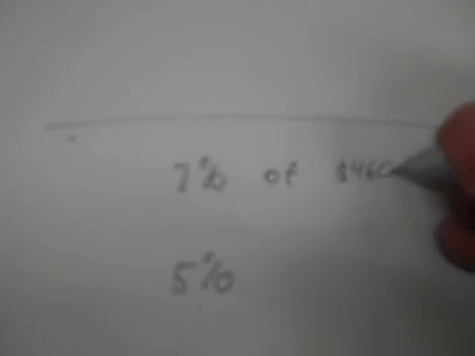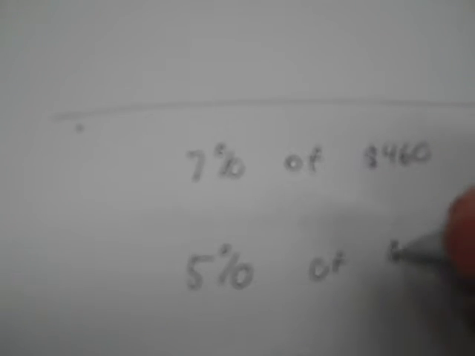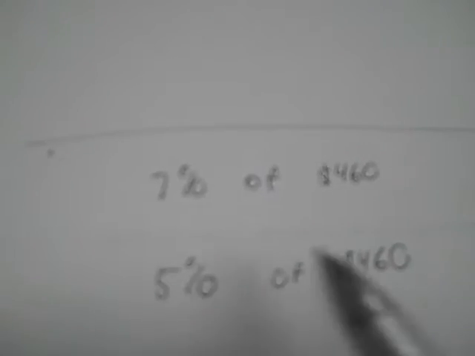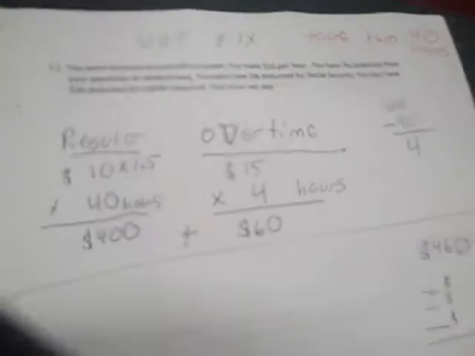So of 460, of 460. Now remember what we have to do. We have to make our percent operational by dividing it by 100. So 0.07. Then of means times, so now we times those.